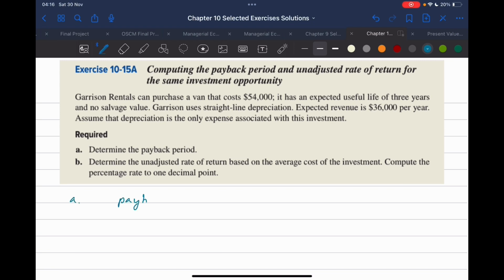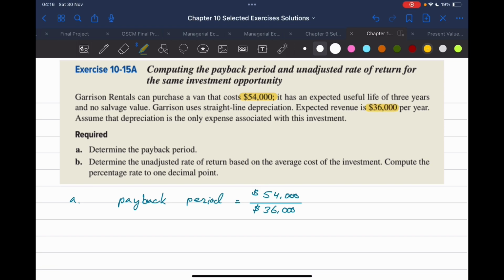Payback period is going to be the cost of the initial investment, which is $54,000, divided by the expected revenue from the investment, which is $36,000.